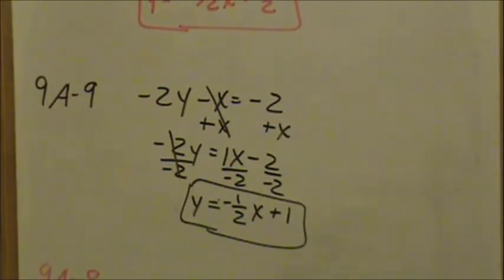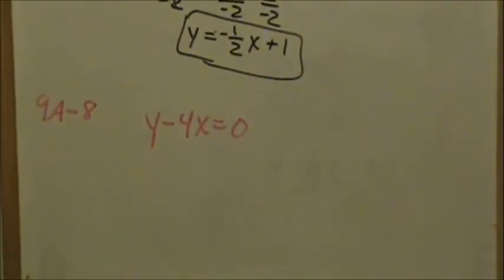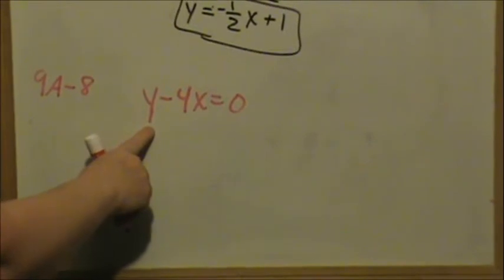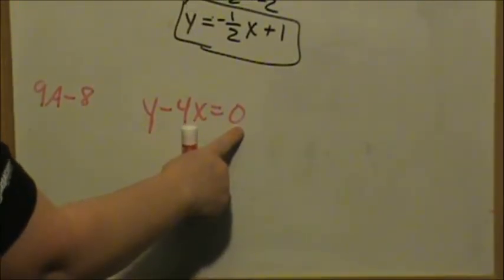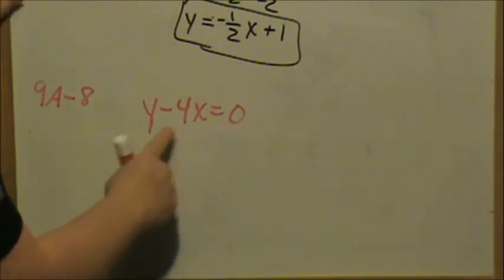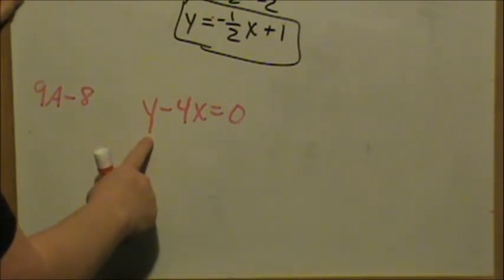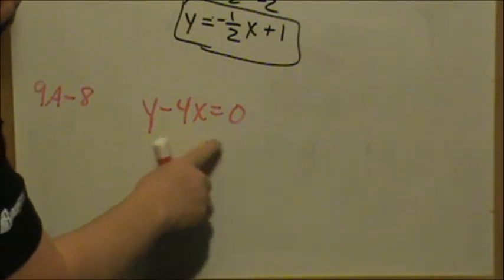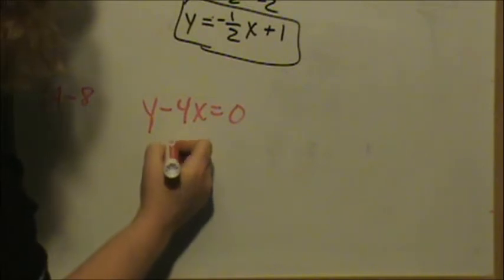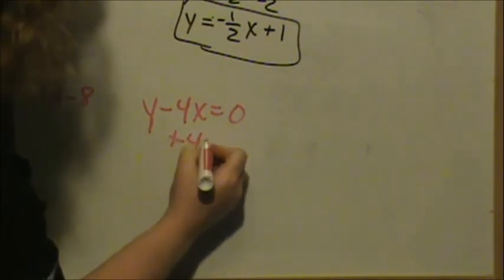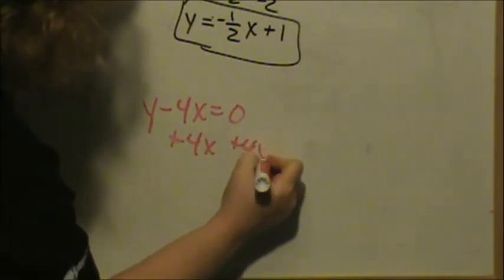And so that is in slope-intercept form of y equals mx plus b. Now let's look at 9A8. Again, this is in standard form: x's and y's on one side, whole numbers on the other side. 0 is still a number. So I want to put it in slope-intercept form to where y is on one side and everything else is on the other side. I move my x term over. I'm subtracting 4x, so I need to add 4x to both sides.